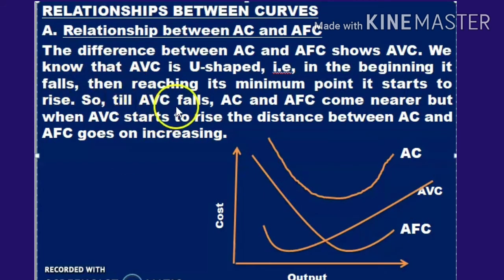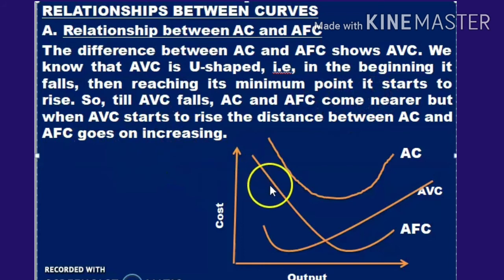So as long as AVC falls, the AC and AFC curves come nearer. But when AVC starts rising, the distance between AC and AFC goes on increasing.